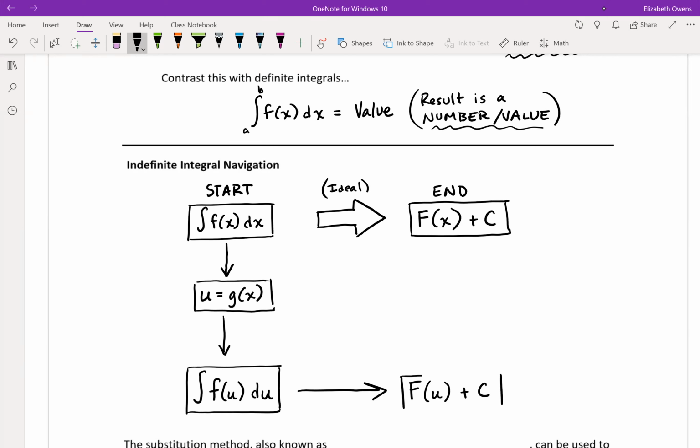But we are not at our final destination yet. We need to pass back through this substitution and put back in whatever we had let u equal. So you put back in that g of x expression. That puts your answer back in terms of x, and that takes you to the ending point, the indefinite integral, capital F of x plus c.